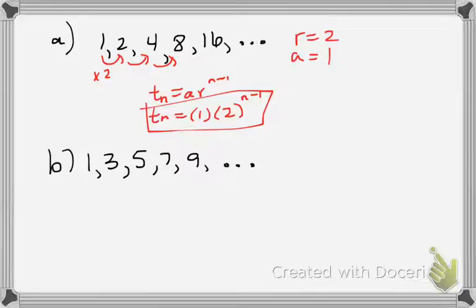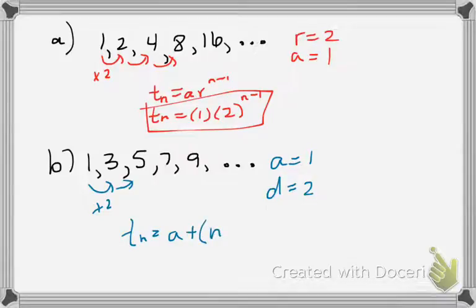Okay, this next one here, we can see we are adding 2 to get to next values in this sequence, making it arithmetic. So my A value again is 1 here, and now we have a D value, which is 2. So we're just going to plug in A and D into the arithmetic sequence formula. Sorry, that should be a D there.